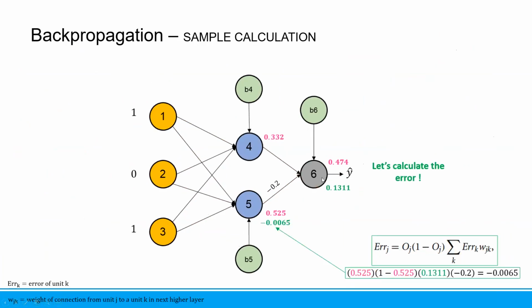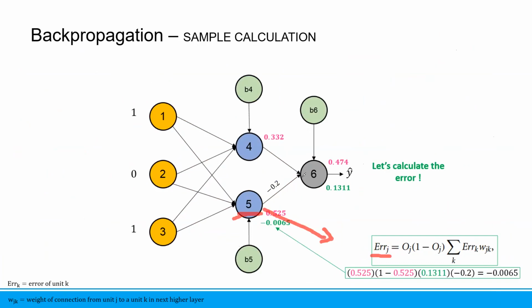After we have the error in the last unit, we also need to calculate the error in the previous unit. For unit 5, we can use this error formula. Why do we need this formula? Because a node may have two different arrows.